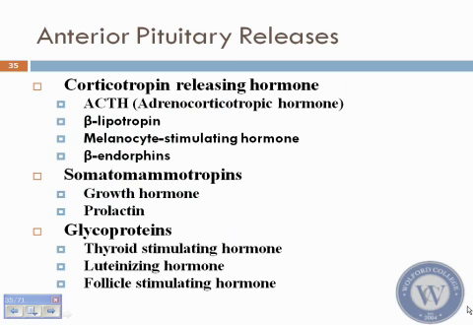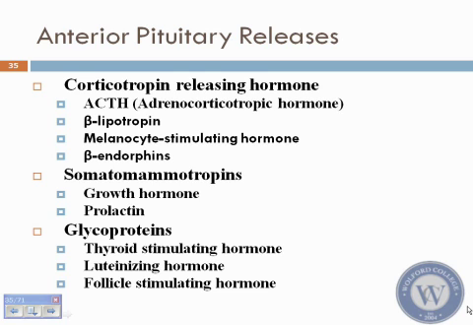Now, once this information is released, it eventually reaches the cells in the anterior pituitary. If you have the corticotropin releasing hormone, it causes a cascade of secondary hormones to be released. So this is sort of mimicking what I told you before. Remember we talked about how a hormone goes to a cell, binds to it, and then causes a secondary messenger system, which has sort of a cascade effect.